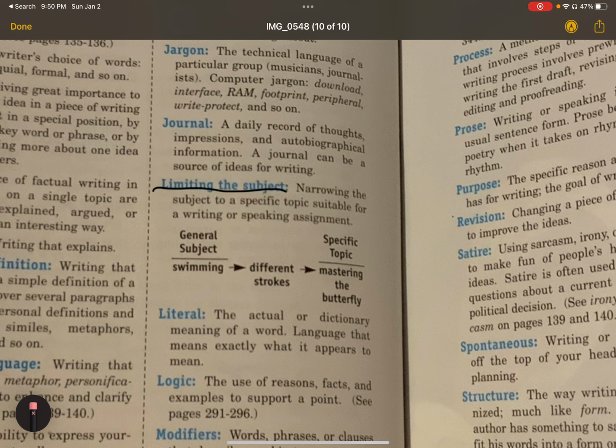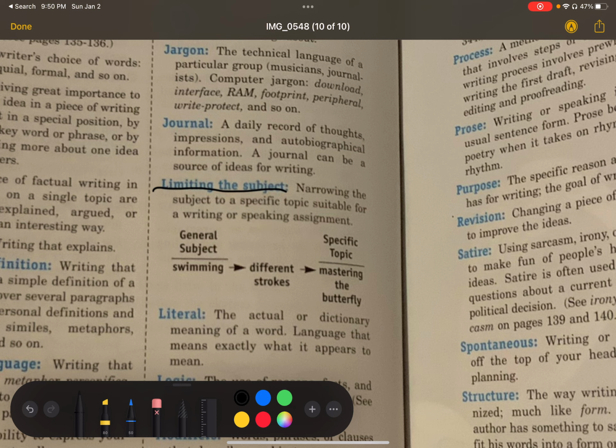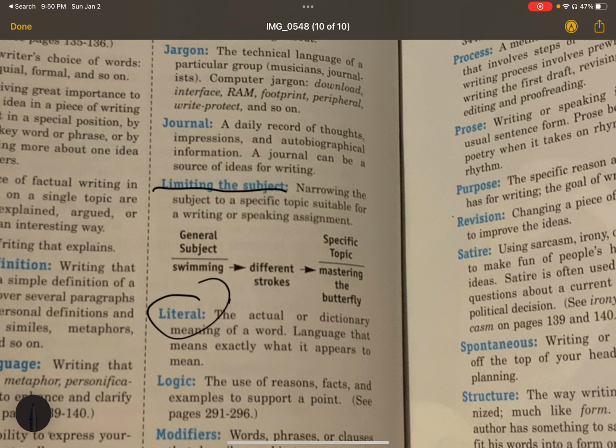Okay, the literal meaning, again, that's the opposite of figurative. Literal is the actual definition of the word on the page. So sometimes little kids, they'll take everything very literally. It can be kind of funny.